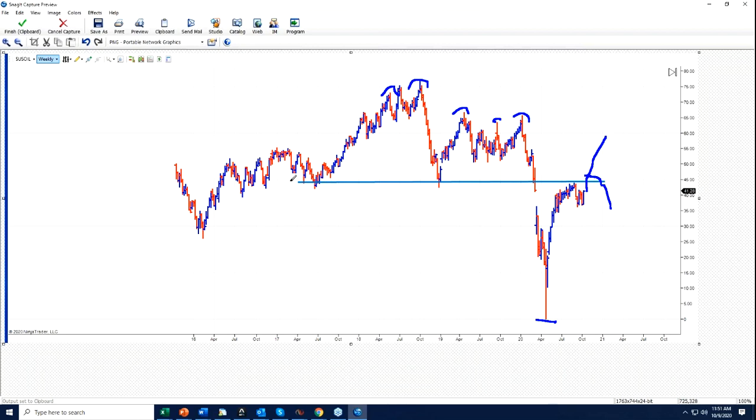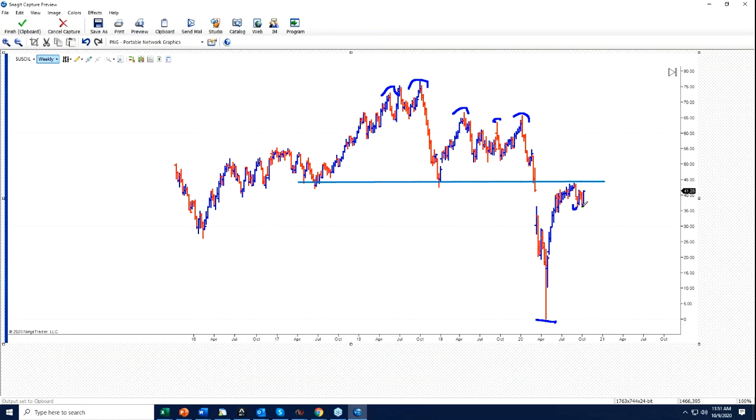So this is kind of how I look at the markets. It's a dance. The market puts on certain levels, certain areas, and then I look at how the market responds in those certain areas. And so right now it's pretty ambiguous. You can make the case for either way. So what I try and do is I just let the market give me some price action or pattern that I feel like I can get behind.